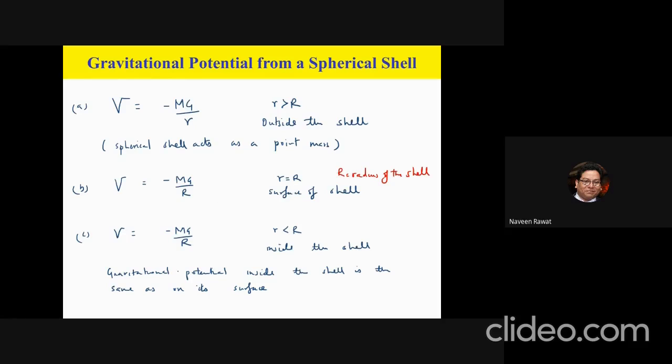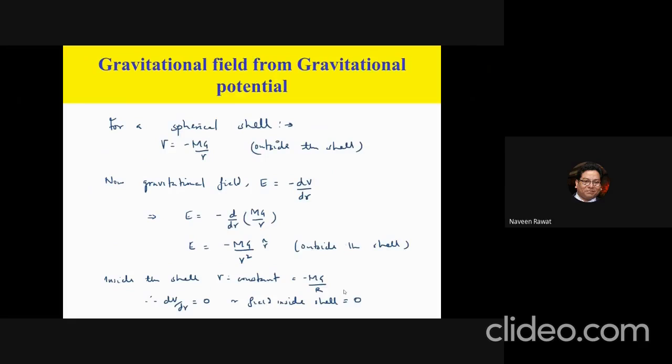That means the gravitational potential inside the shell and at the surface is the same. So you see, the gravitational potential is not zero, it is the same. It is the gravitational field that is zero inside, because the gravitational potential doesn't vary. Let me tell you something about the relationship between the gravitational potential and the gravitational field.